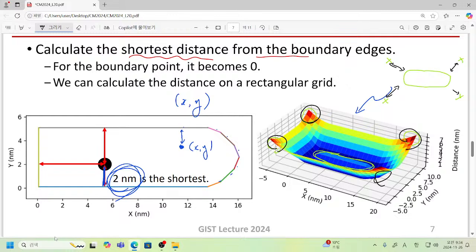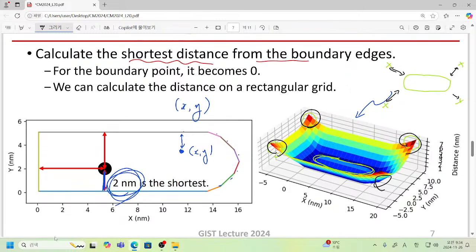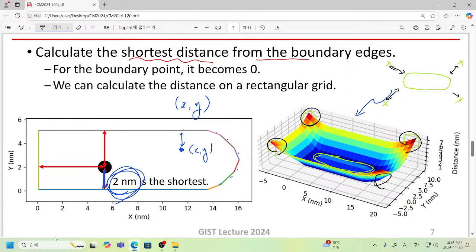And now we have already generated the level function. However, in this distance function, actually we don't have a negative value. For example, here we have a certain point, and here we have a certain point, and let's say that this point is the actual boundary.